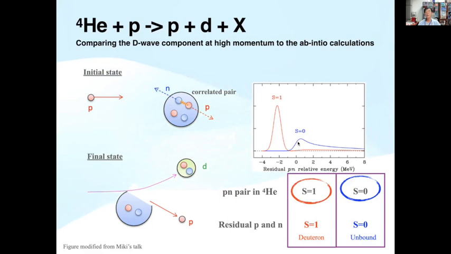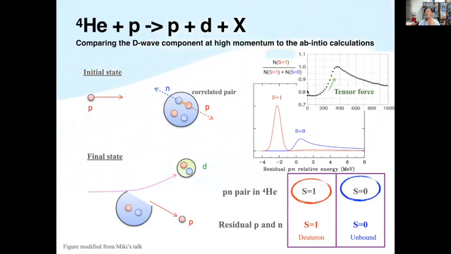Okay, but they are separated. If you look at those things, you can see at a certain momentum transfer to the neutron, what is the ratio of S equal 1 component and S equal 0 component. So that's the experiment.